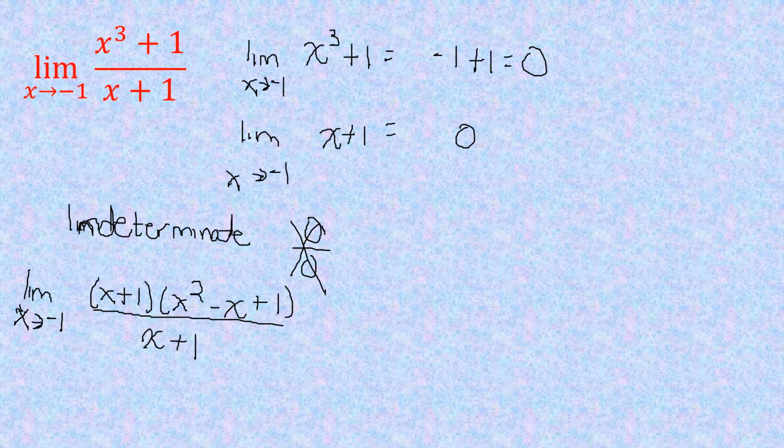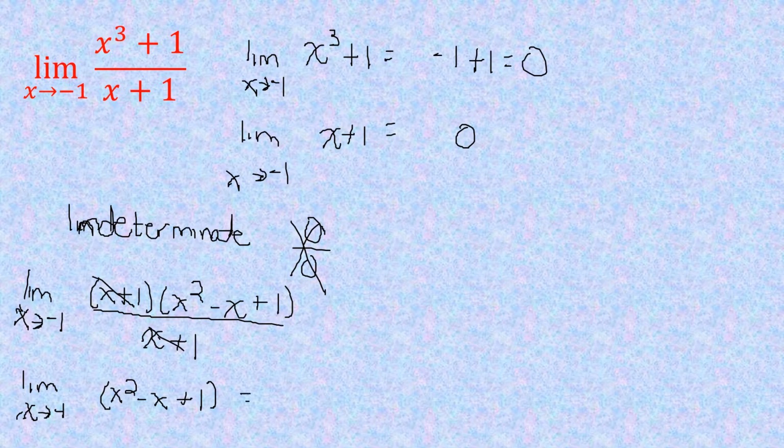Okay, so we know from algebra that those two cancel out, and so I am left with the limit as x approaches -1 of x squared minus x plus 1. Notice my notation that I am writing the limit. I continue writing the limit until I actually do the direct substitution.